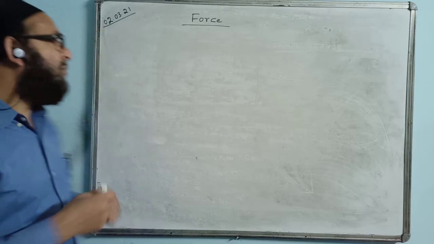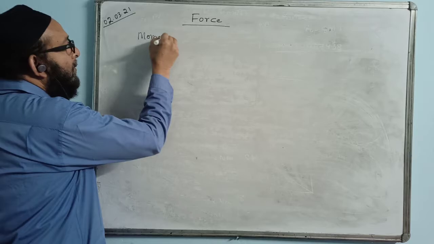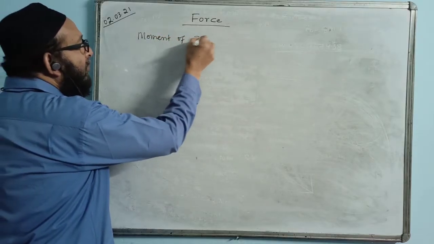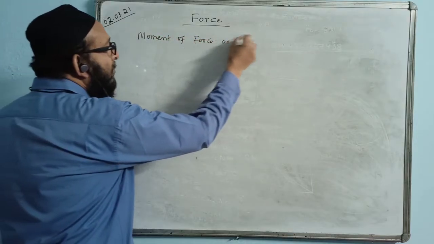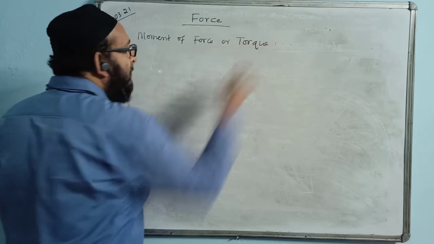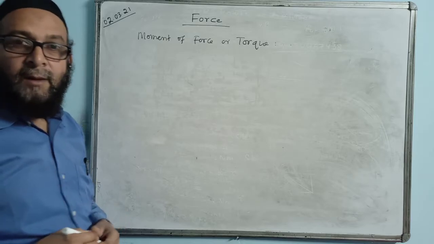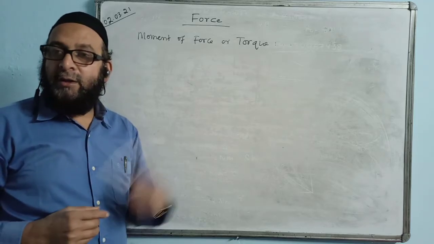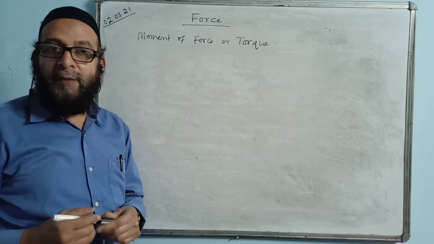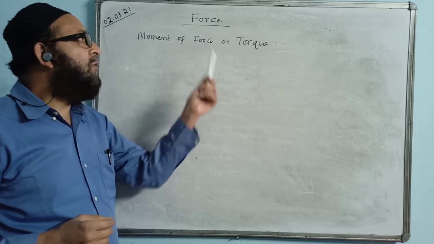Okay, now the first topic you have in the syllabus is called moment of force, which is also called torque. We say the turning effect of force in a body about the axis of rotation passing through the pivoted point is called moment of force or the torque.